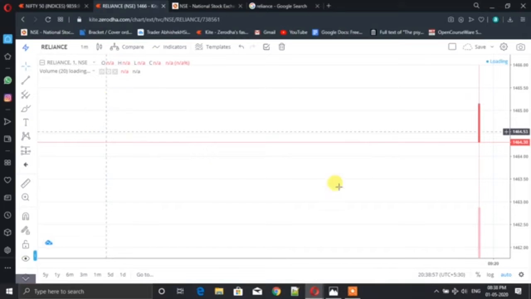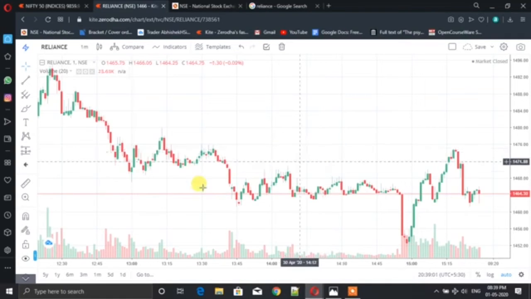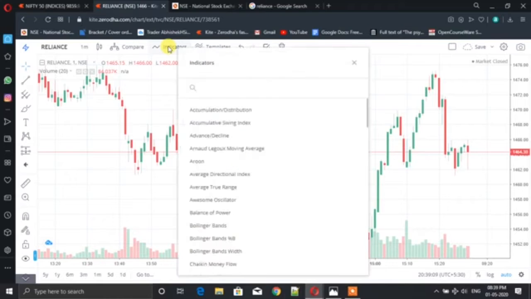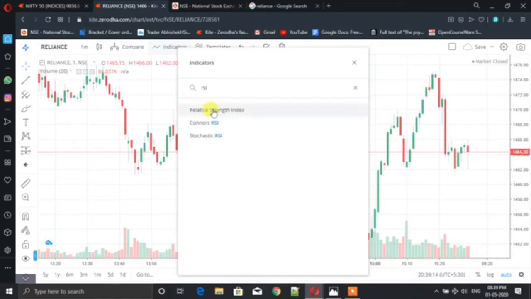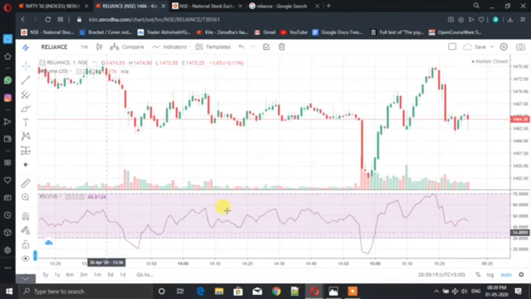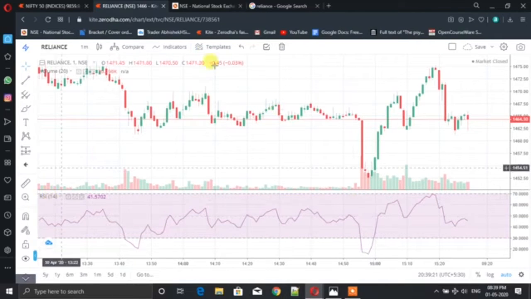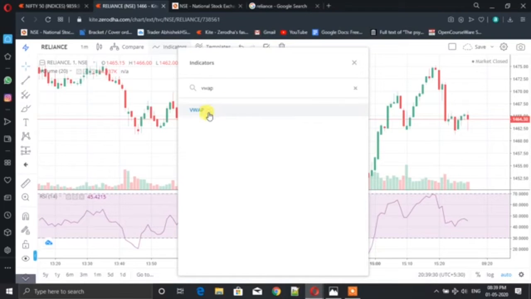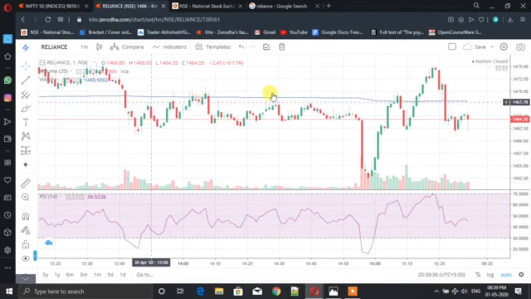So what we are going to talk about today is a scalping strategy. Let's add some indicators for this strategy. We'll be using RSI, Relative Strength Index, and we'll also be using VWAP, this line you see here on the candlesticks.